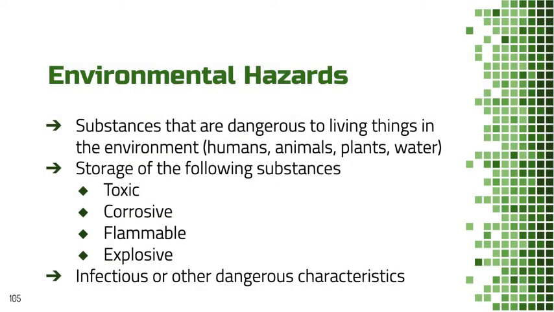Now they're looking out for environmental hazards. An environmental hazard is any substance that is dangerous to living things in the environment. So if it's dangerous to humans, to animals, to plants, or to the water, if it's dangerous to one of those things, then it is an environmental hazard. And it could include not just whether the thing is released into the environment, but also the storage processes around certain substances, like toxic, corrosive, flammable, or explosive substances, as well as infectious and other dangerous characteristics.